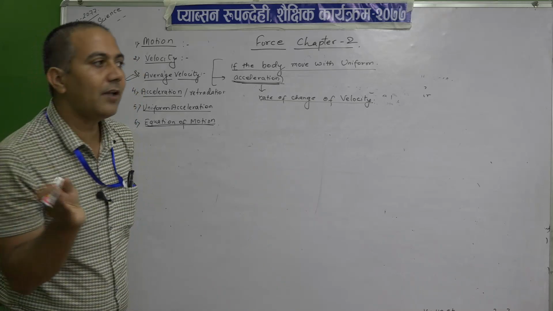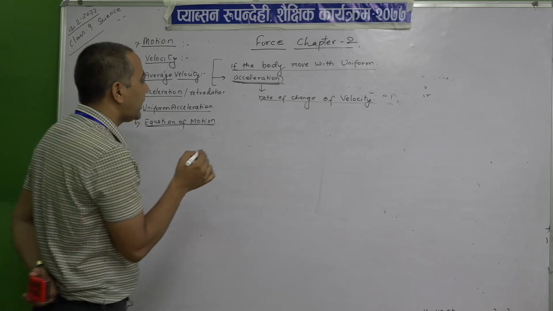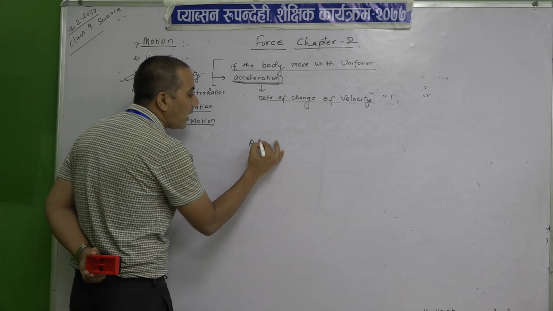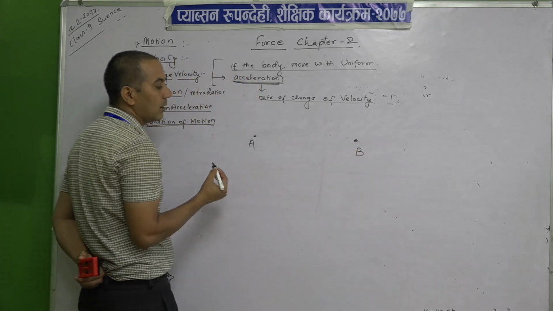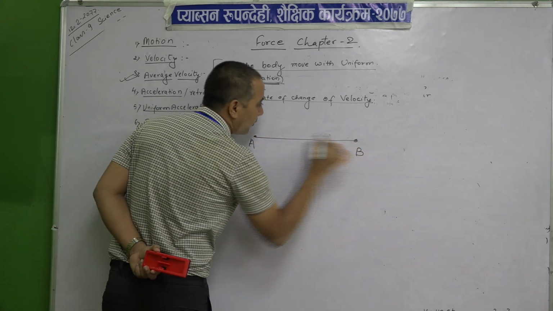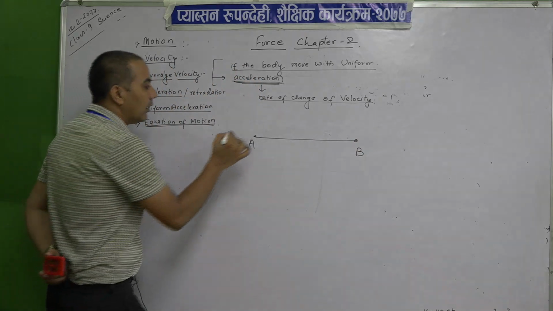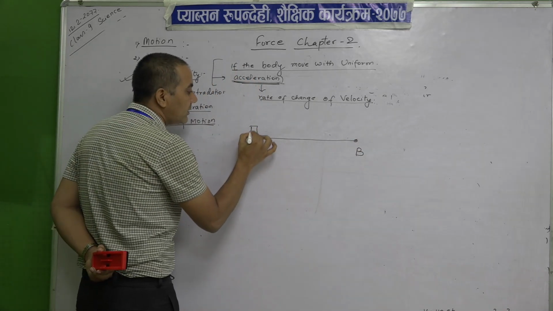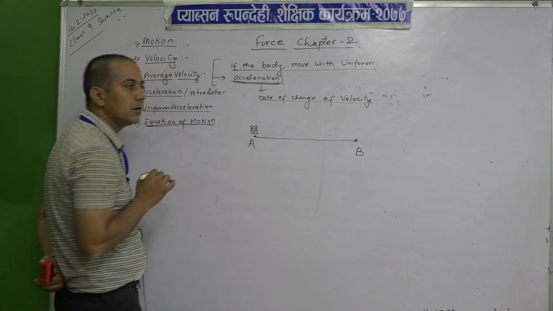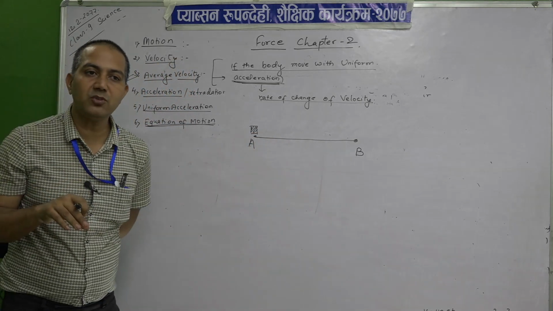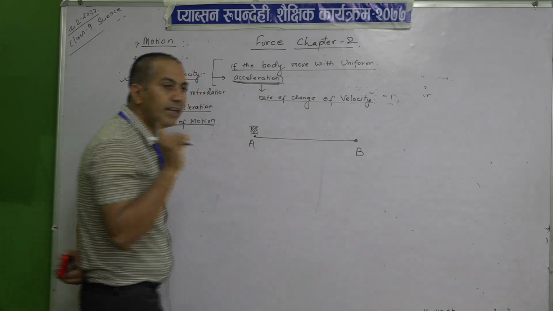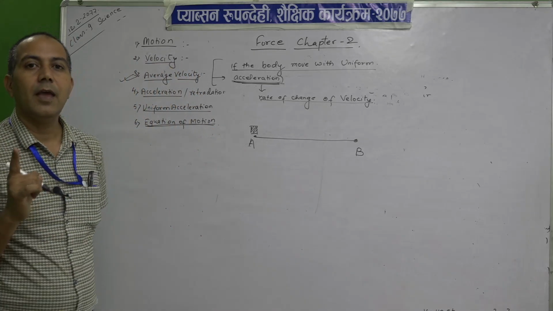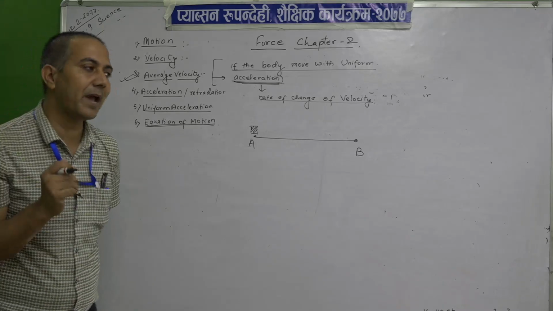Like, for example, an object is moving from point A to point B. Suppose it starts from rest. Start from rest means what? The initial velocity. Initial means the first and final means the ending velocity.